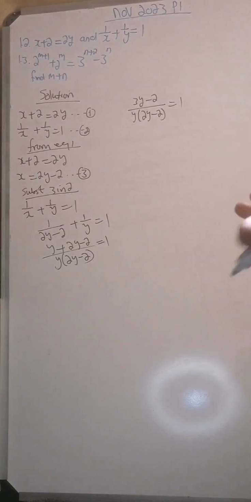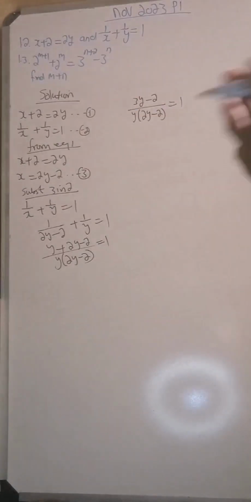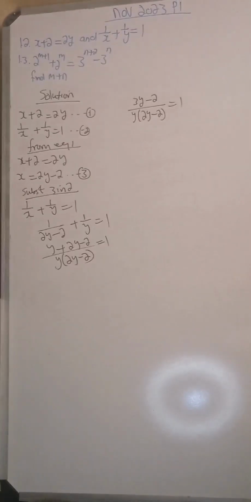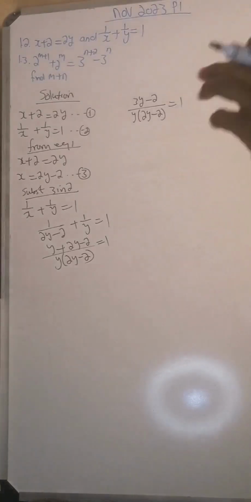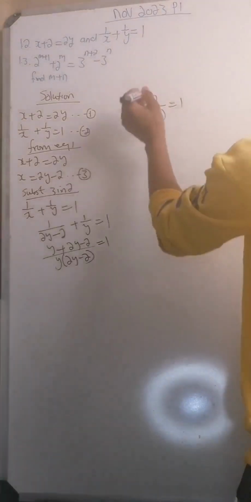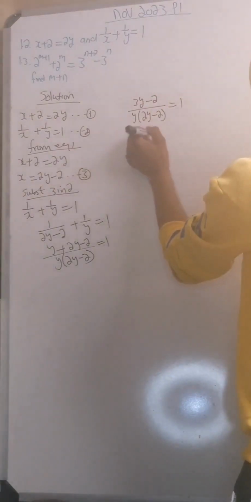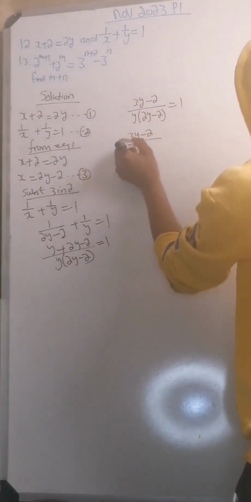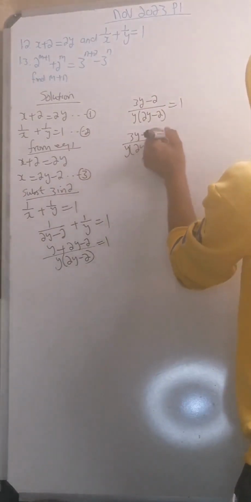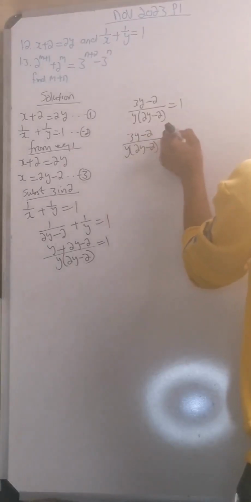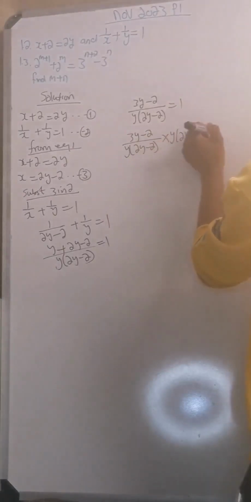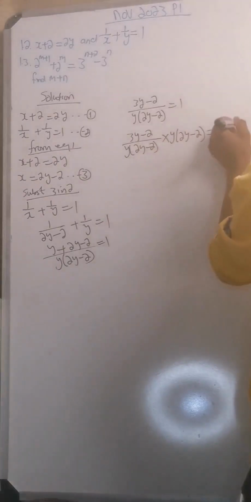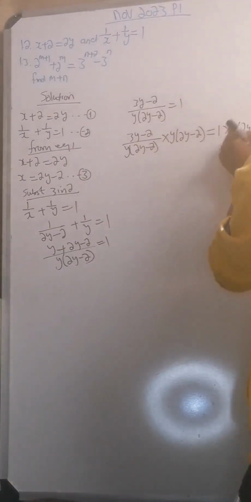I can take out an LCD, I can do anything. I just have to multiply both left and right by the denominator that I have. So how do I do this? I have my 3y minus 2 divided by y into 2y minus 2. I'm multiplying by y into 2y minus 2, and 1 multiplied by y into 2y minus 2.